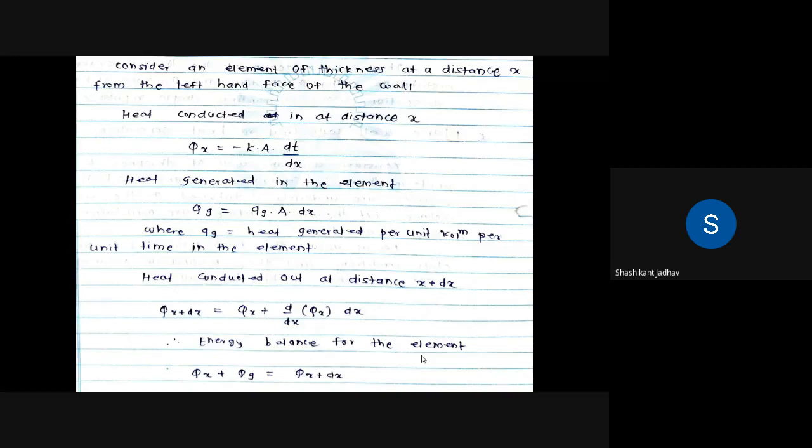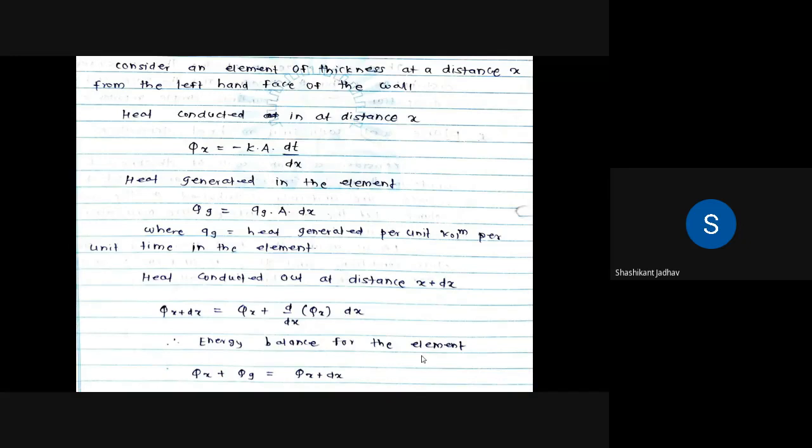Qx plus dx is equal to qx plus d by dx of qx into dx. This is the equation from the Taylor series expansion.